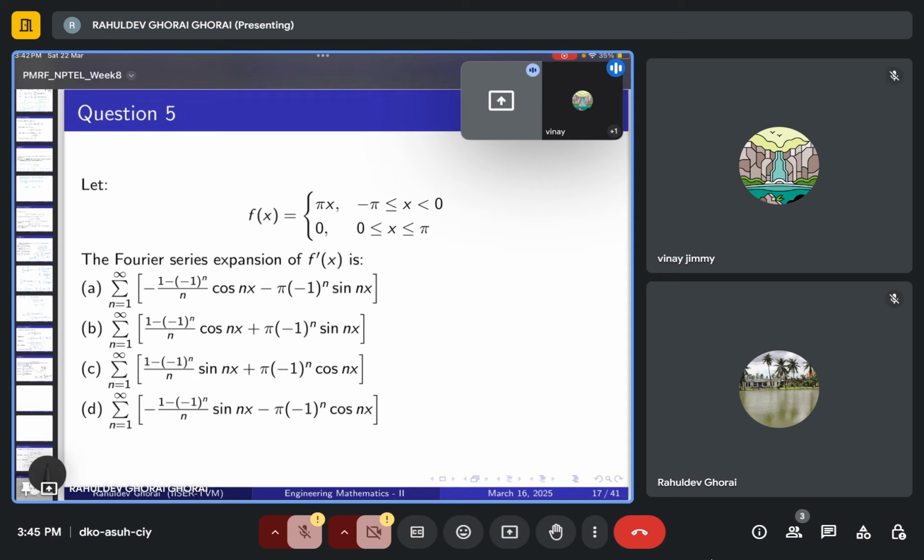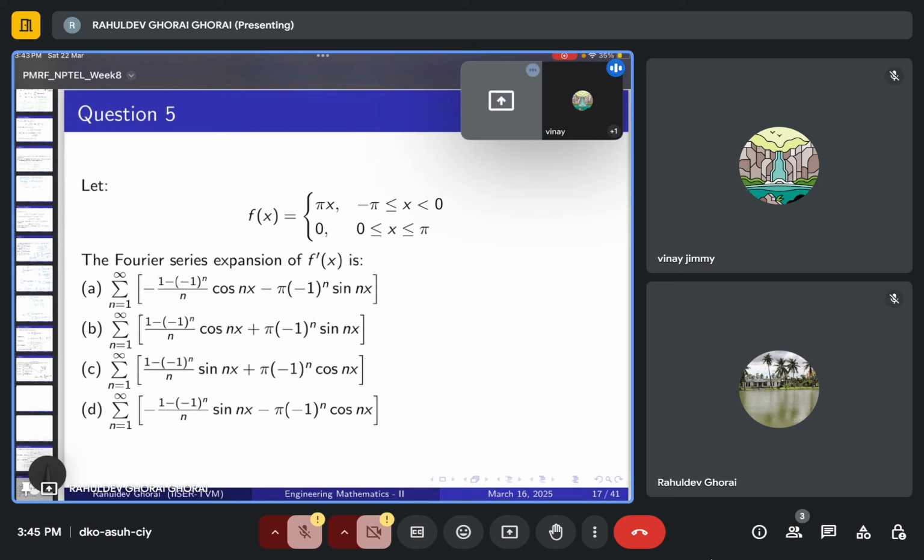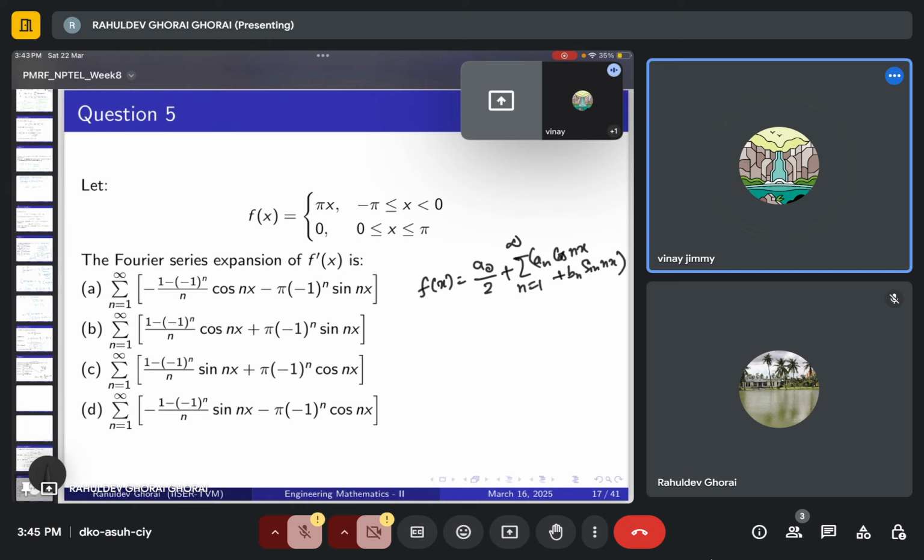Okay, so you know for f(x), right, f(x) equals a naught over 2 plus the sum from n equal to 1 to infinity of an cos nx plus bn sin nx, correct.